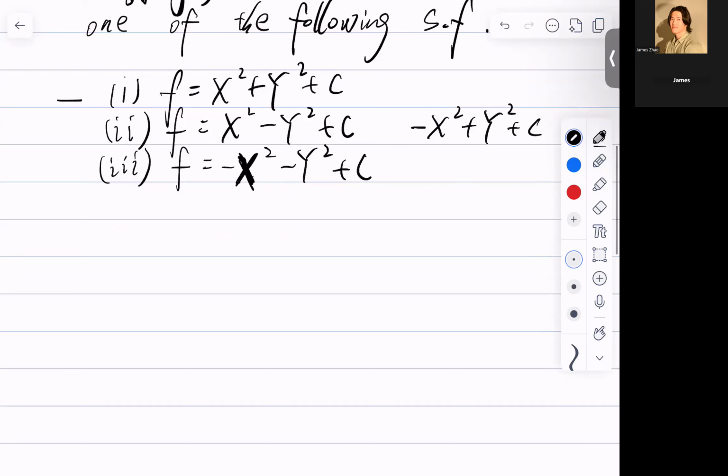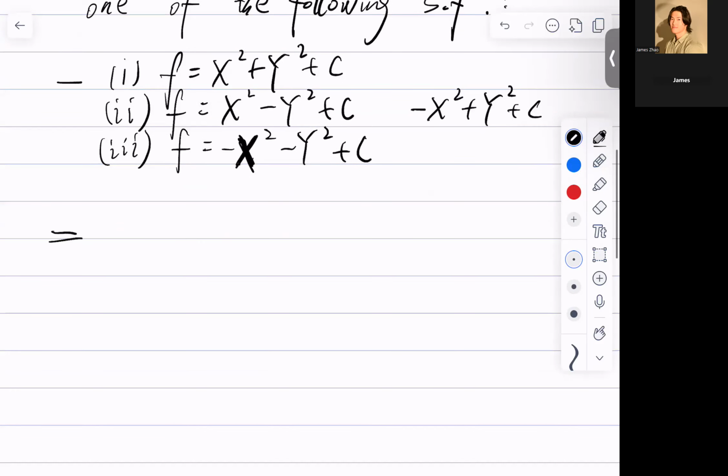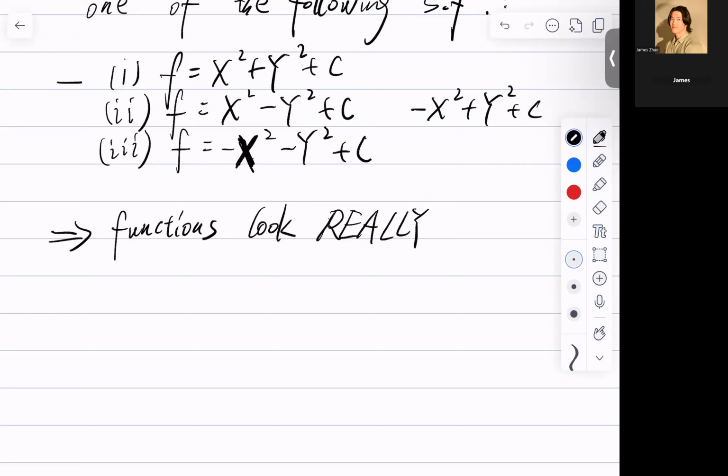What this really tells us is that functions look really simple. I'm going to reiterate this because this is the key takeaway.